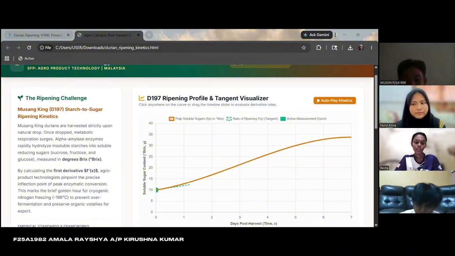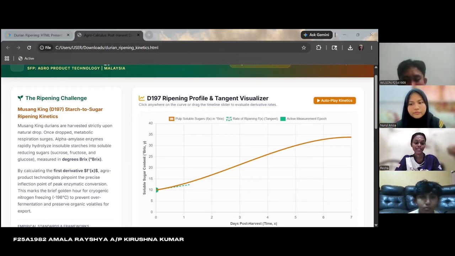If we want to export premium fresh durian to the global market, we must find the absolute peak of sweetness and texture. To determine this using calculus, especially the first derivative f'(x), we can calculate the exact speed of sugar accumulation day by day. Finding this exact milestone allows us to time our food processing perfectly.